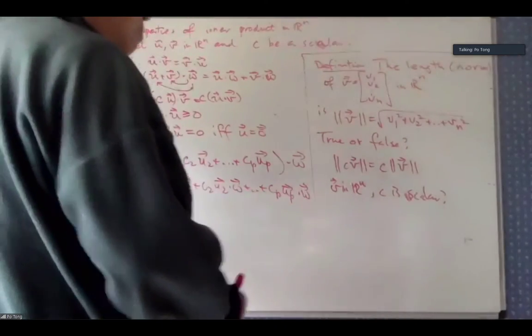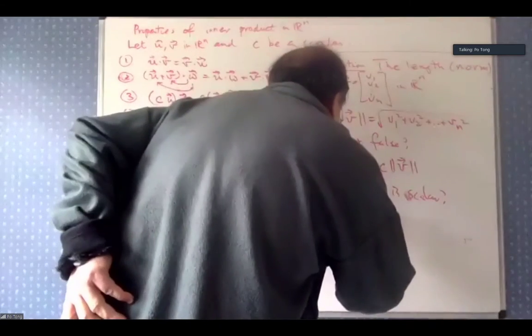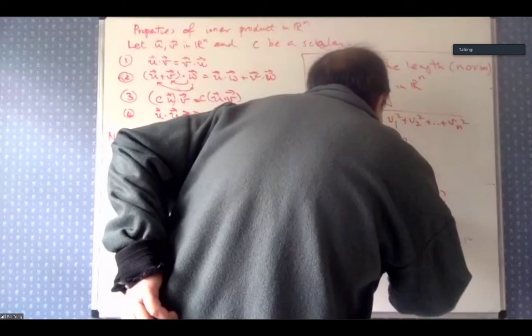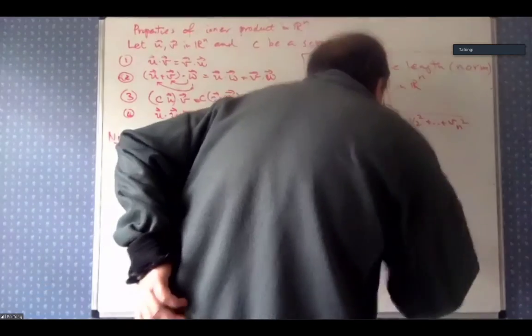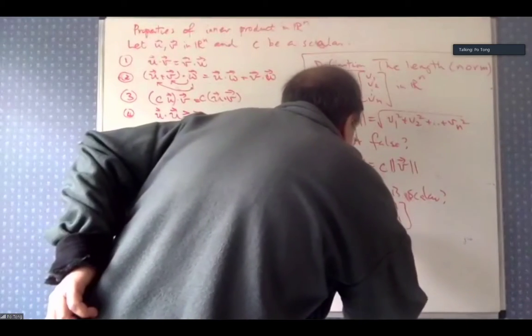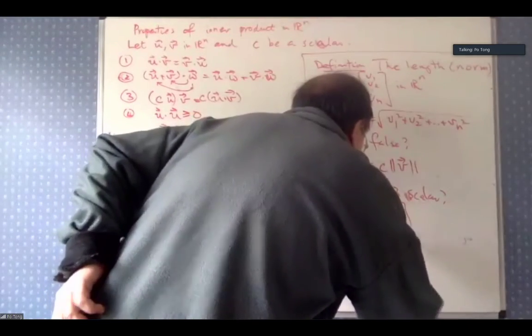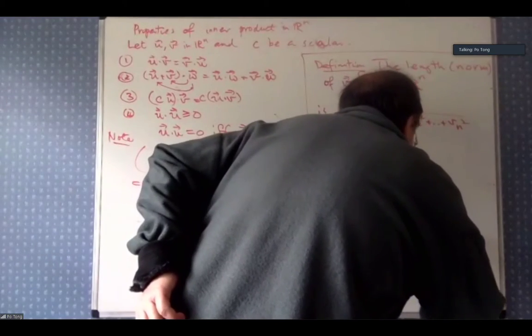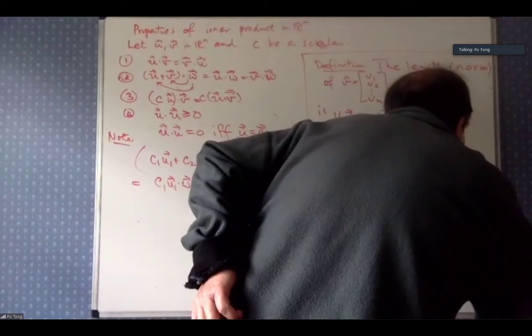Let's just take an example then. Let's take a look at this example. cv will be 2, 2, right? So this will be the square root of 2 squared plus 2 squared.